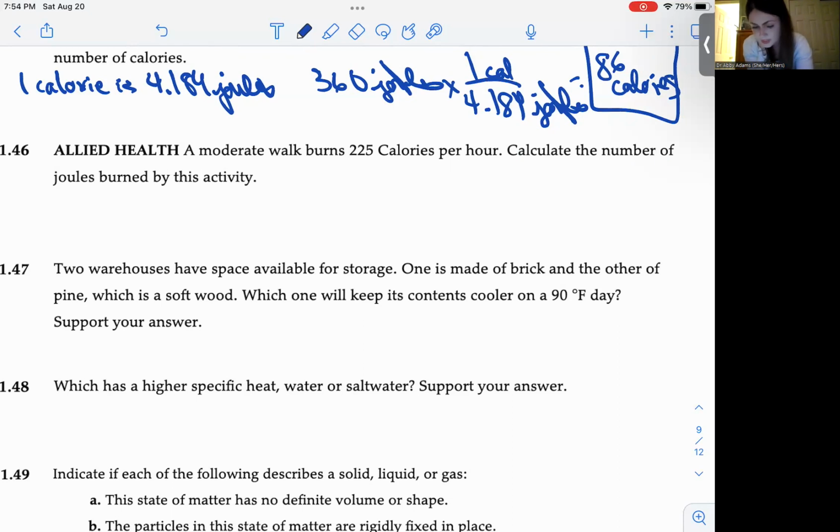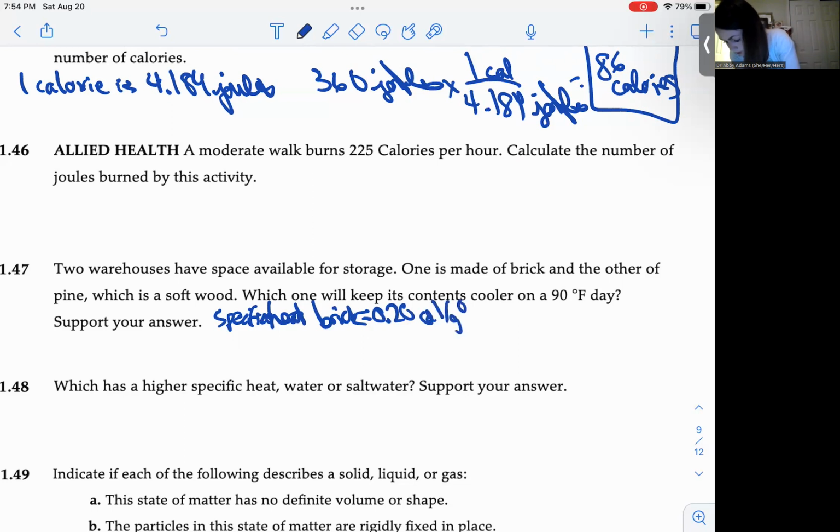So the specific heat for brick is about 0.20 calories per gram degree Celsius. And for most wood, or lots of wood, it's about 0.34 calories per gram degree Celsius.